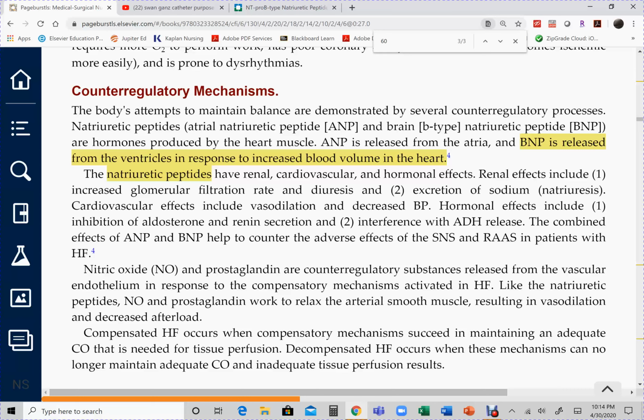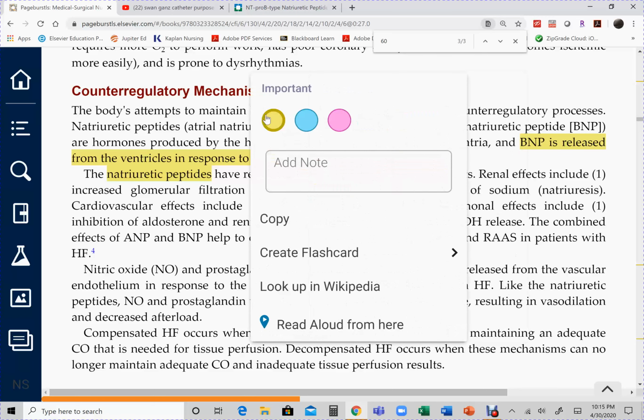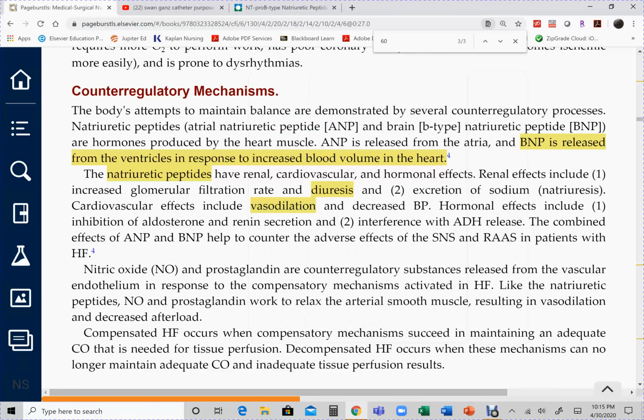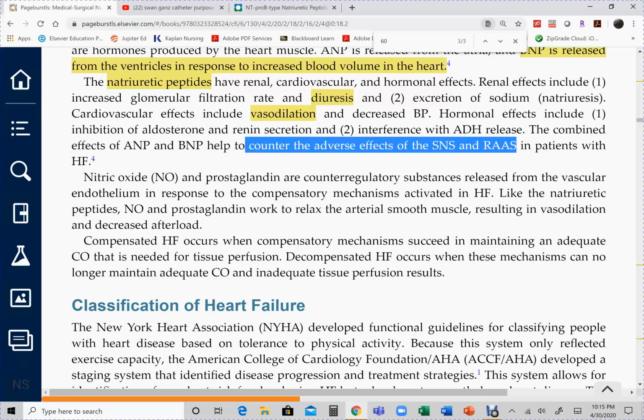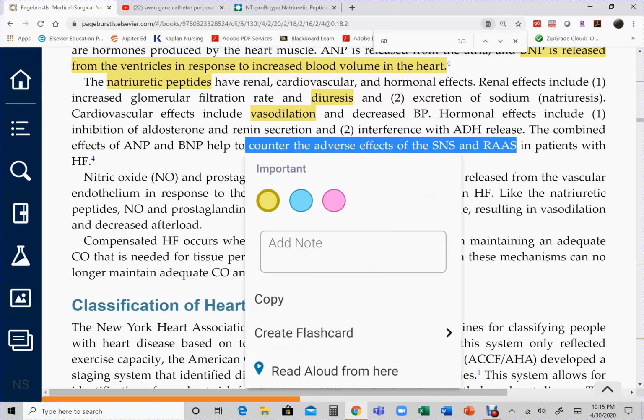So two effects of BNP: diuresis and vasodilation. Both of these will do the opposite of our compensatory mechanisms, which cause vasoconstriction and water reabsorption. So we have vasodilation and diuresis instead. They counter the adverse effects of your two major compensatory mechanisms in heart failure.